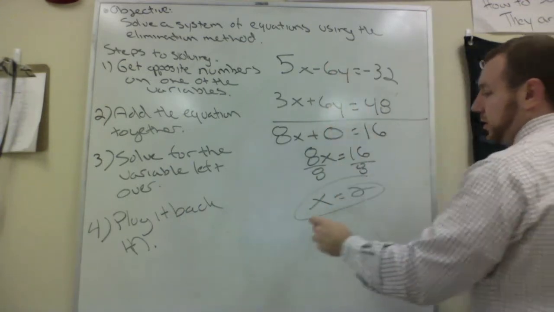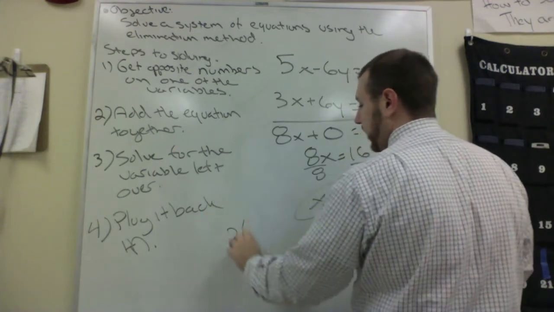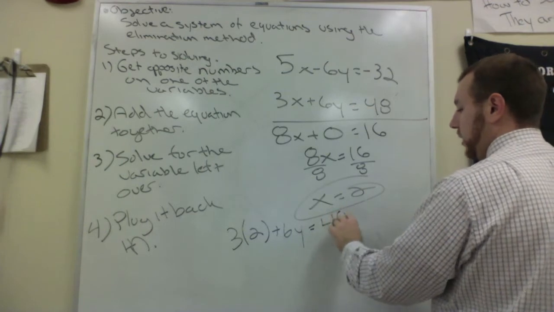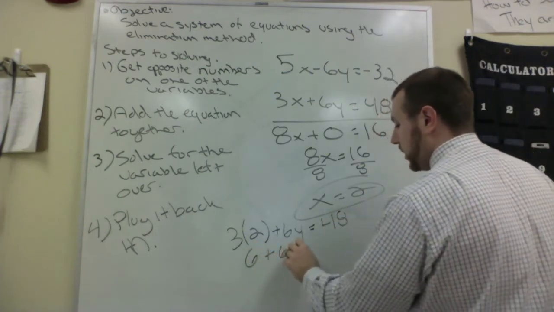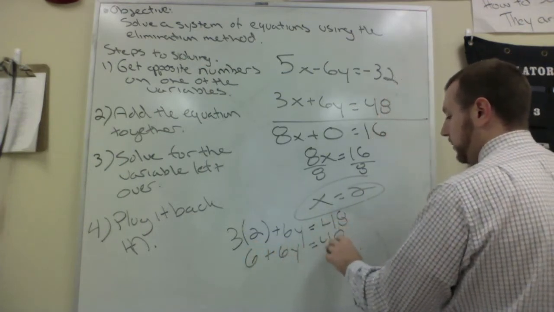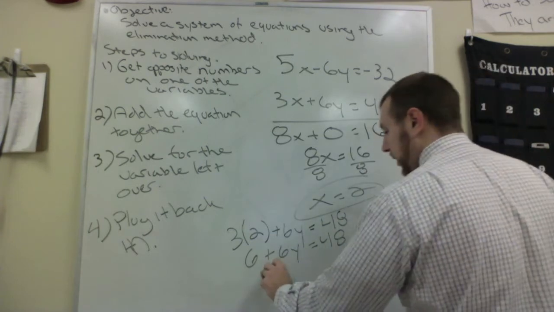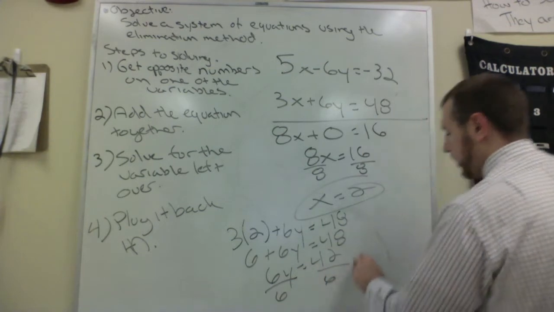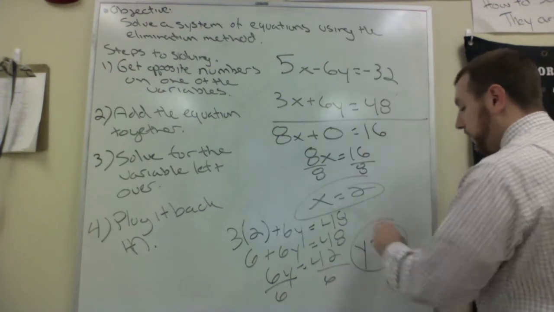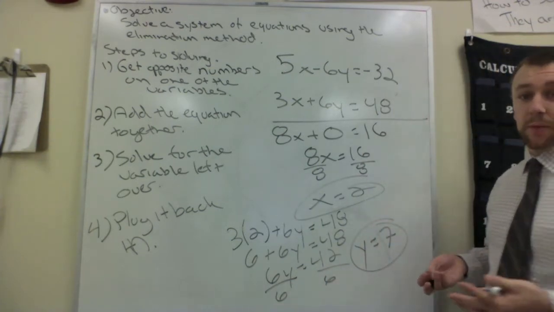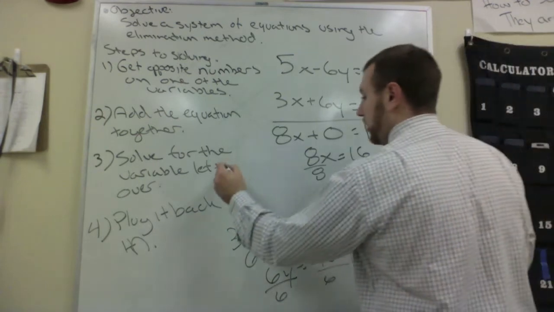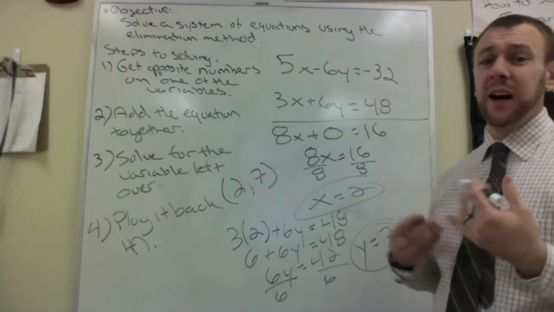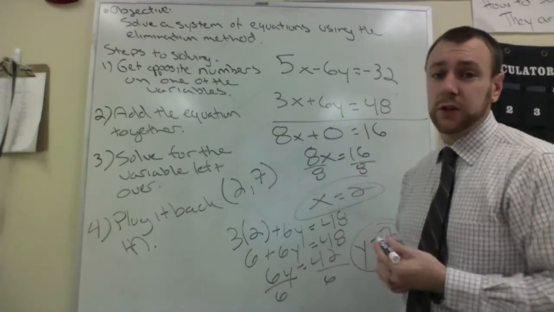So I'm going to do 3 times 2 plus 6y equals 48. 6 plus 6y equals 48. Subtract 6 on both sides. 6y equals 42. Divide by 6, y equals 7. So the answer to example 1 is 2, 7. And that is the first example.